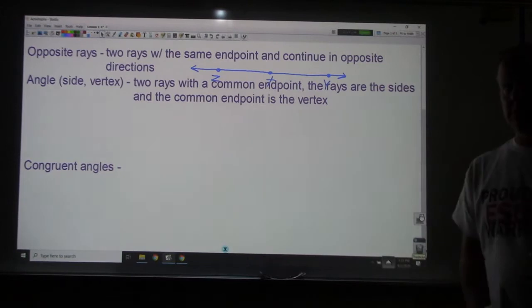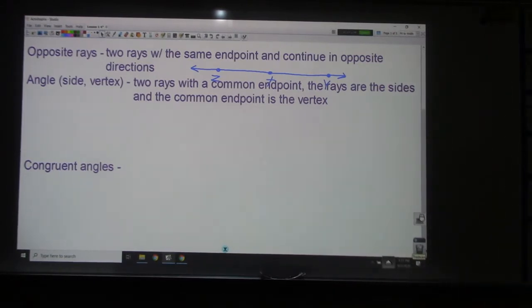An angle is two rays with a common endpoint. The rays are sides, and the common endpoint is the vertex. Two rays with a common endpoint, and the rays are the sides.